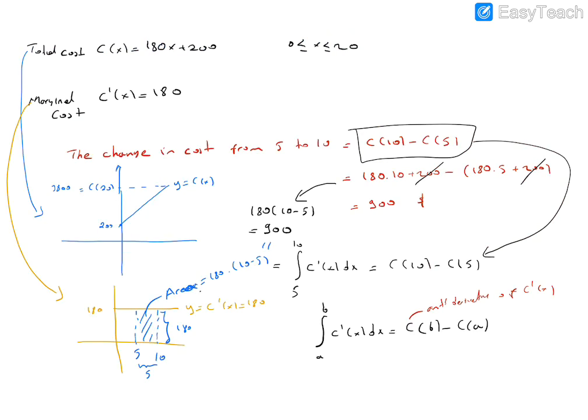Another important topic of this section is the average value. Recall that the derivative of a function f was defined in the first term by using a limit. Derivative of f of x equals limit h goes to 0, f of x plus h minus f of x over h.